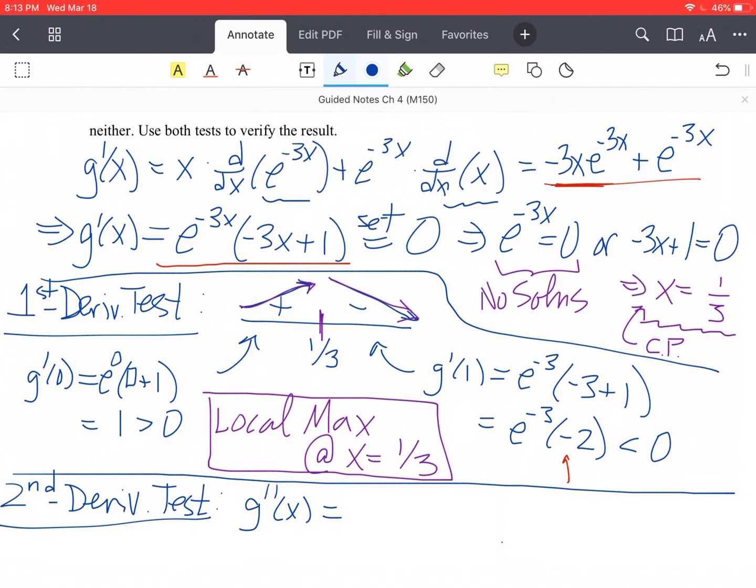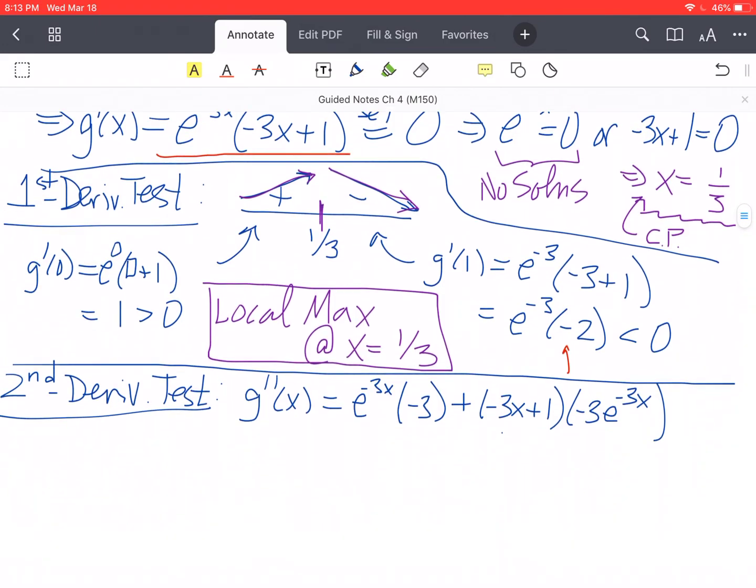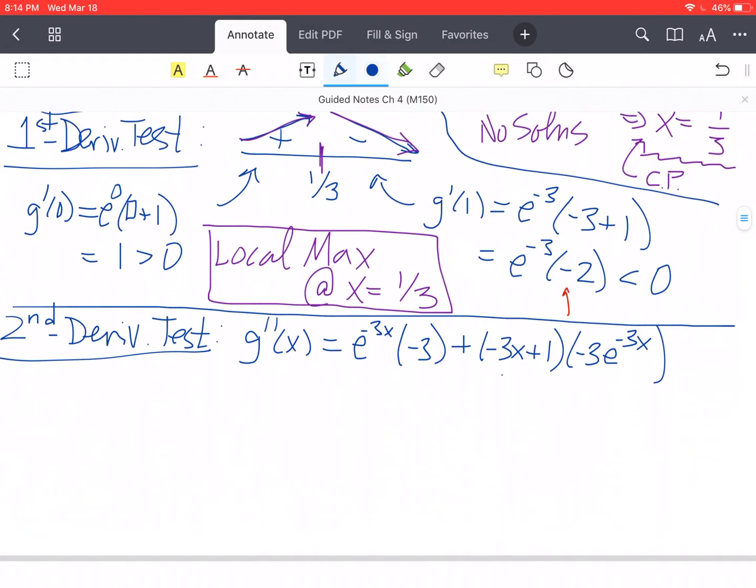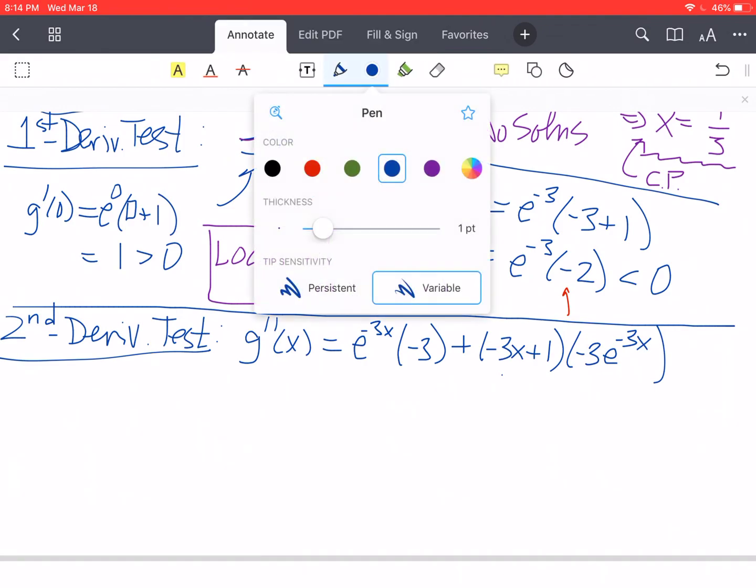So this is going to be first times derivative of the second plus second times derivative of the first, which we saw that one earlier. Notice each of these has a common factor, right?